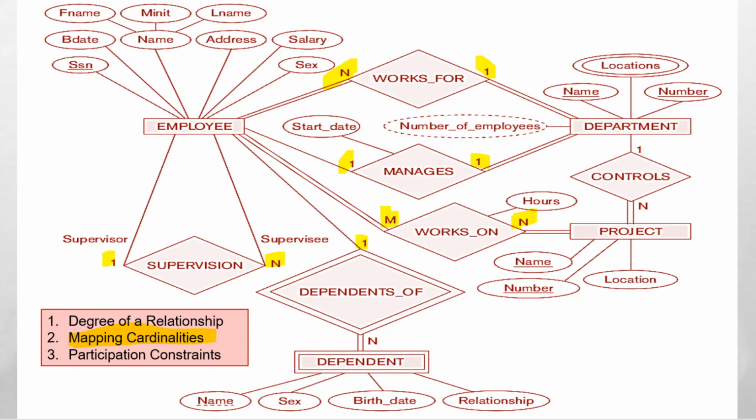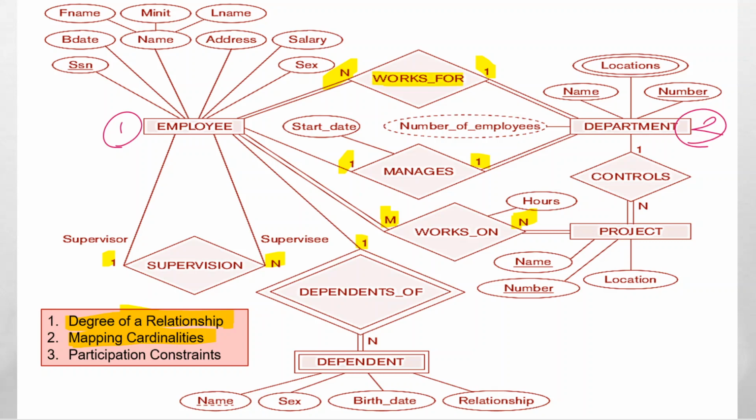Next we will be discussing the degree of a relationship. By degree of a relationship, we mean the number of entities involved in a relationship. For example, for the works for relationship, one entity is employee and the second entity is department.